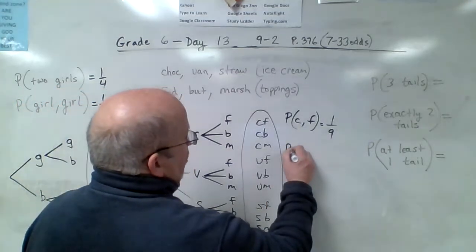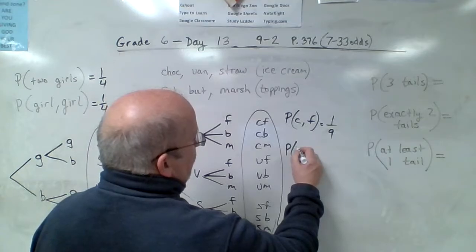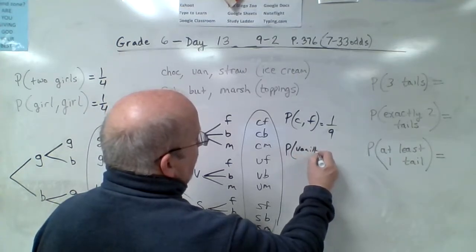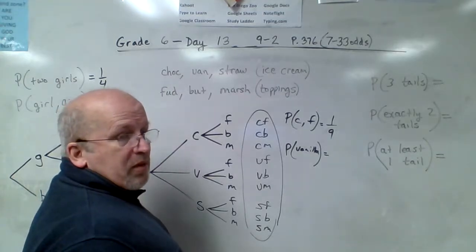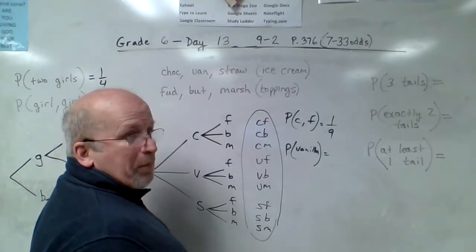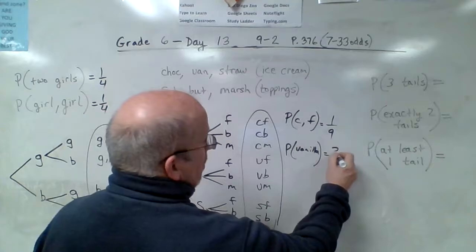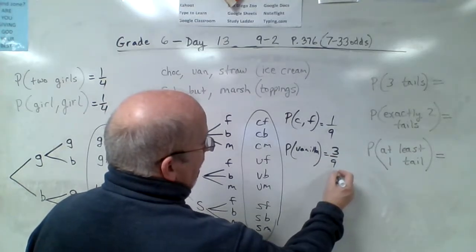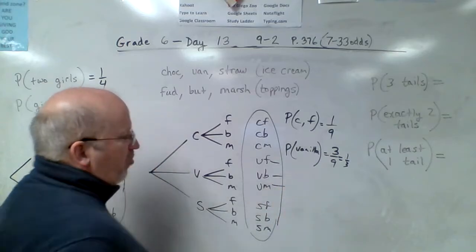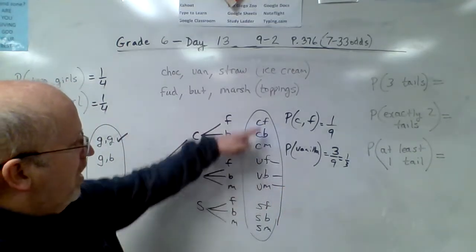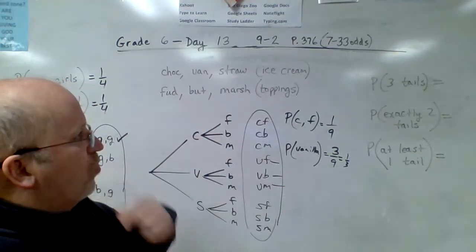If somebody said to you, what's the probability of getting vanilla ice cream in this particular style of ordering ice cream and toppings at this store, the probability would be 3/9 or 1/3, because we've got these 3 choices that have vanilla out of a total of 9 choices.